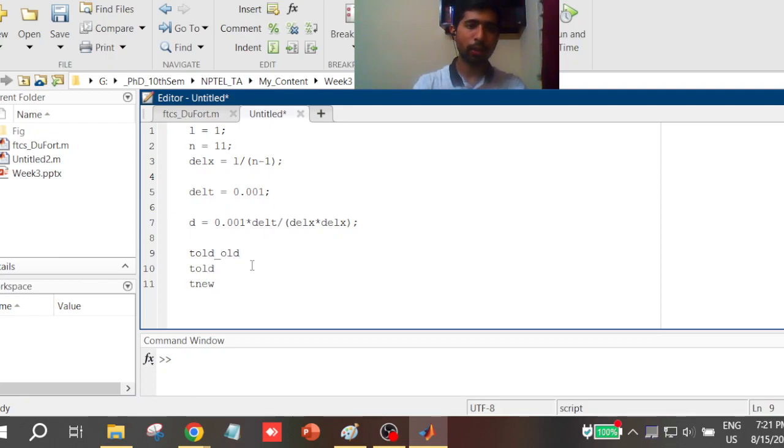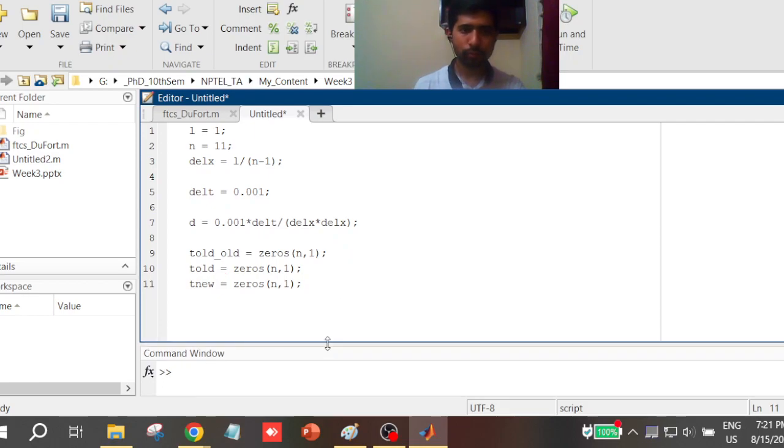So these are three variables which I need. I'll write them as zeros of n comma 1, a one dimensional array. T old is the same, so let me copy paste this. Now I have done this.